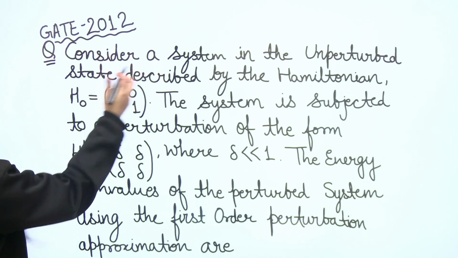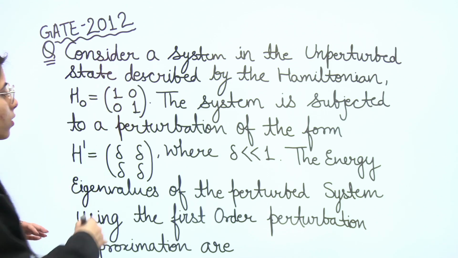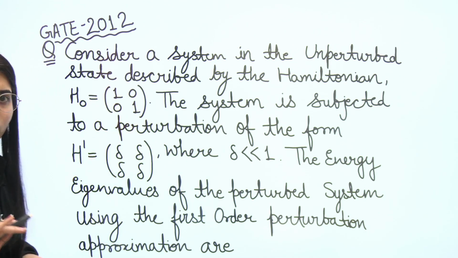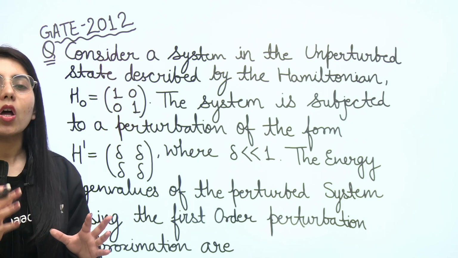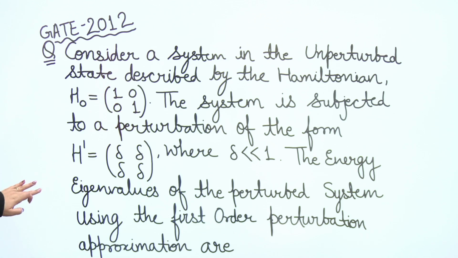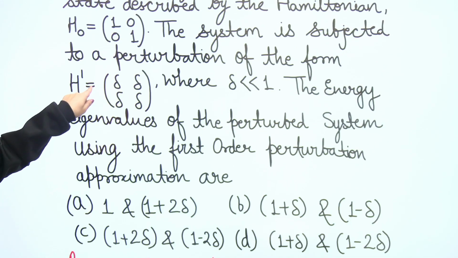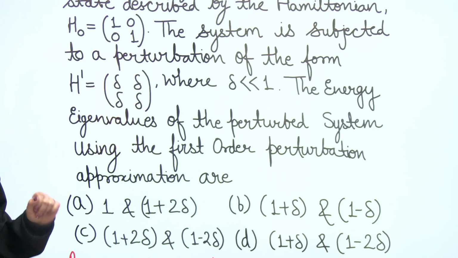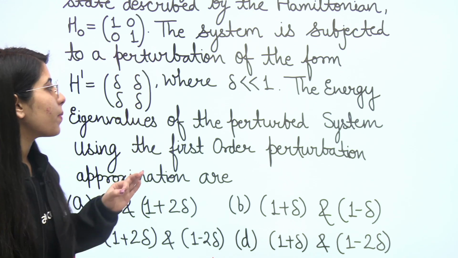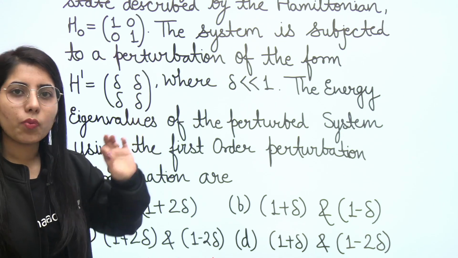One corresponds to the unperturbed state, and the other corresponds to the perturbed state. Two Hamiltonians, or two different expressions, we are gonna have here. Next, where they have mentioned H dash, in this we have the delta present, and they have mentioned the condition that delta is very much less than 1.